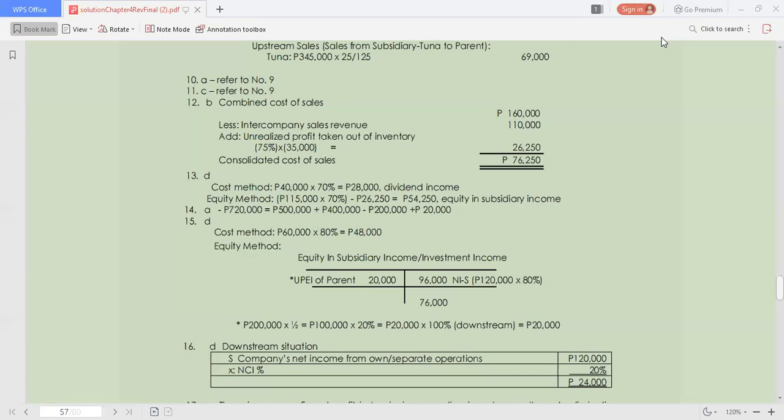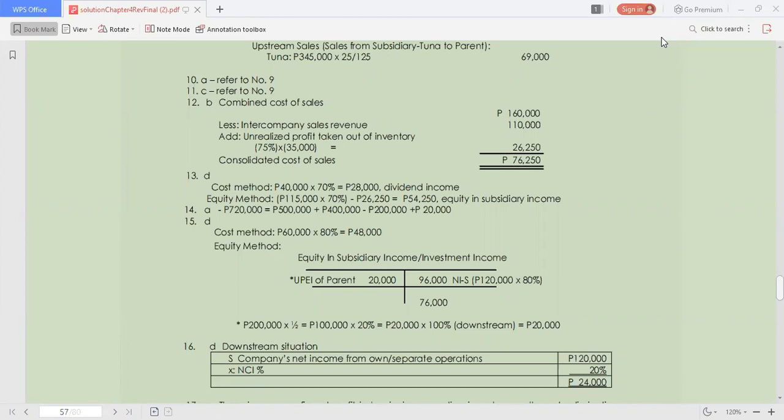As stated, why we have 75% is because it is stated here that on December 31, 2005, three-fourths of the merchandise acquired from DAC remained in Weasel's inventory.